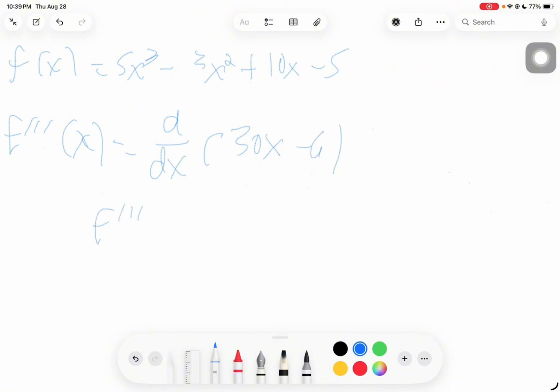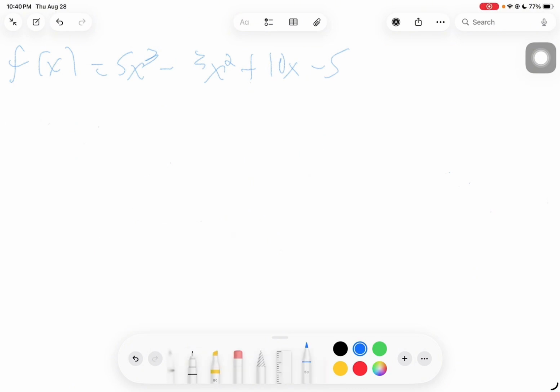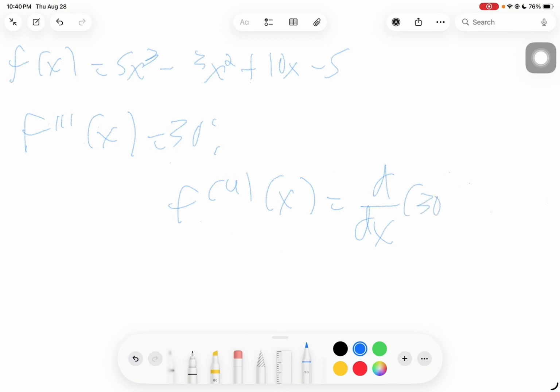So the third derivative is equal only to 30, since 6 has no x so we will put it out, and 30x is single, so we got the 30. Lastly, the fourth derivative, f fourth of x equals d over dx of 30, which is now equal to 0.